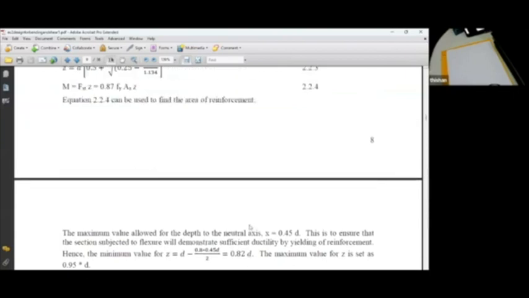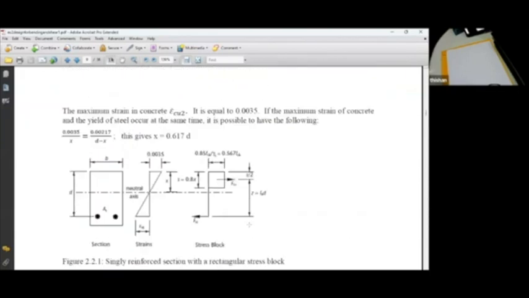That happens because X has a maximum value of 0.45 D. Last time I explained why we need an X of 0.45 D. Because when this reaches 0.0035, the steel strain has to be more than that. Reason?